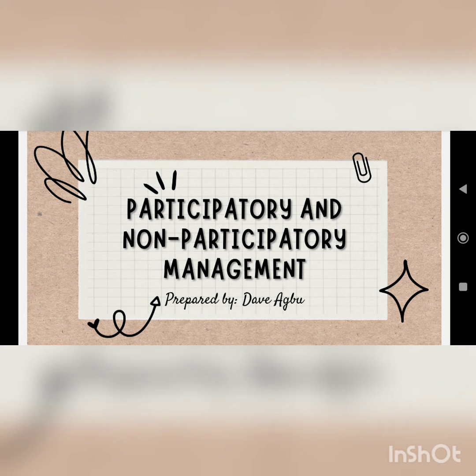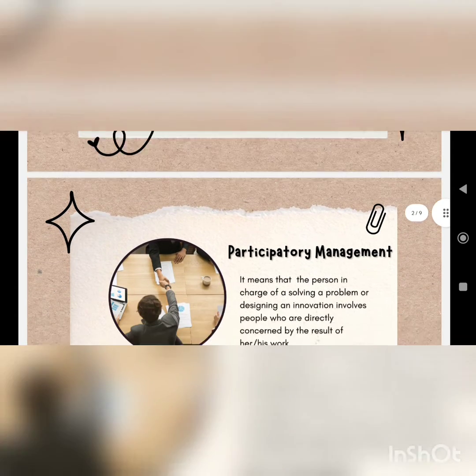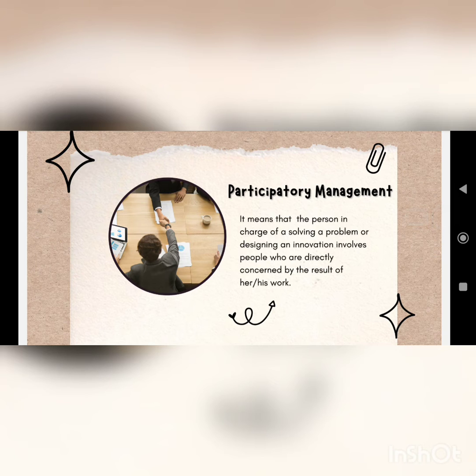Thank you, Miss JB. So participatory management means that the person in charge of solving a problem or designing an innovation involves people who are directly concerned by the result of her or his work.